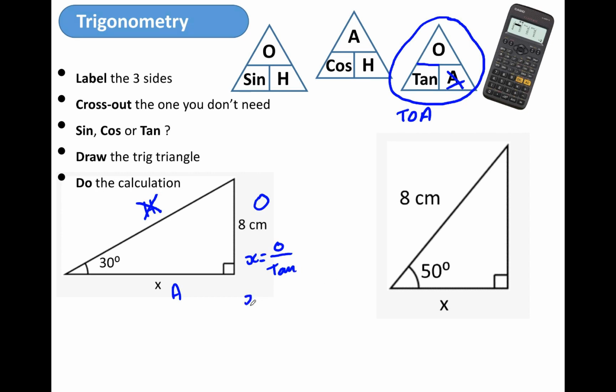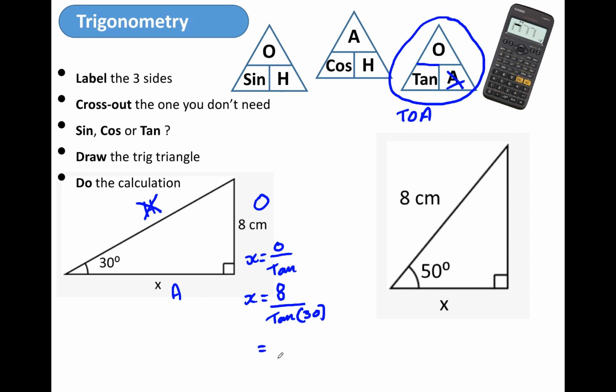Okay, because remember, we know that tan on its own isn't really anything. You have to put something in it to get an answer out. Right, the opposite side is 8. And tan is, of course, tan of the angle, which is 30 degrees.